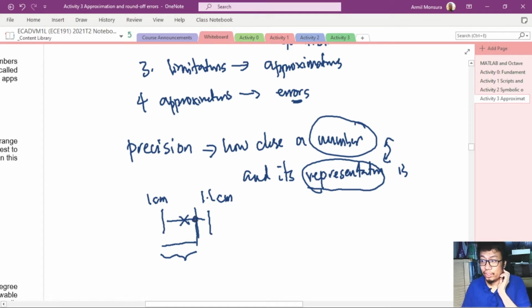If your number is located here, you might have to choose whether to use 1.1 or 1 cm.